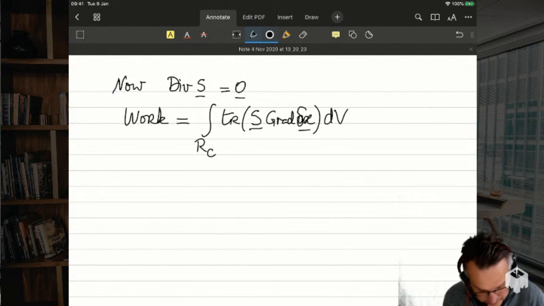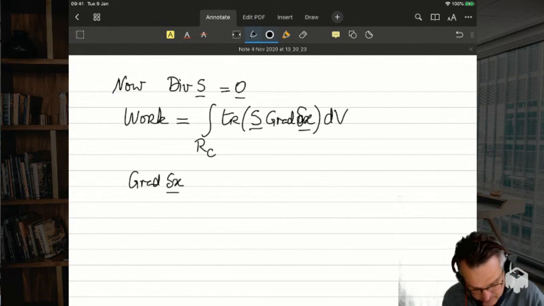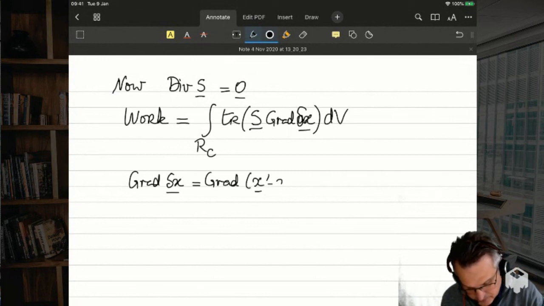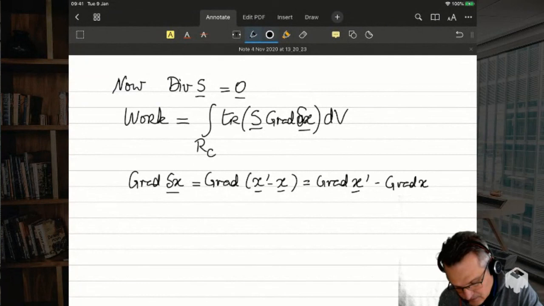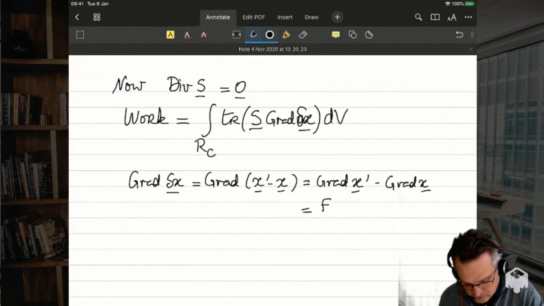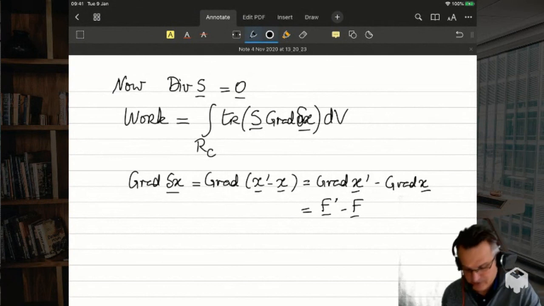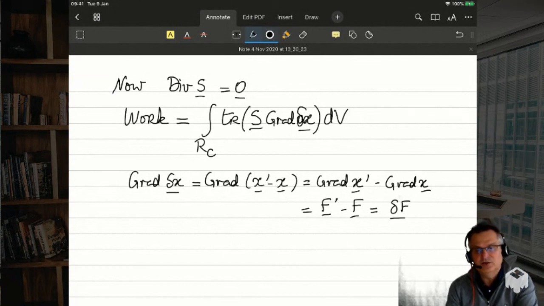And then what is grad of delta X? That's grad of X prime minus X. And that's just F prime minus F, where F is the deformation gradient. So you can call this delta F, a small variation of the deformation gradient.